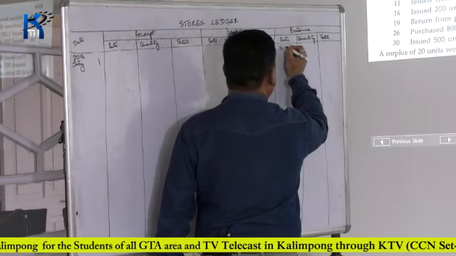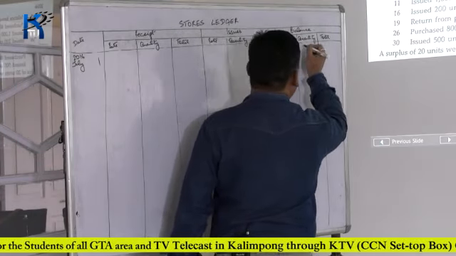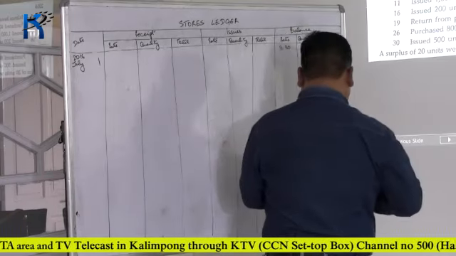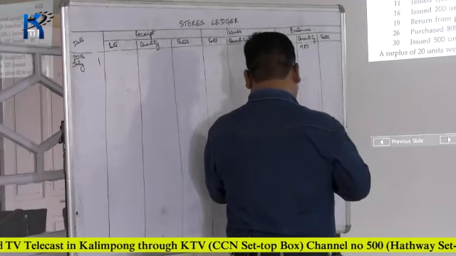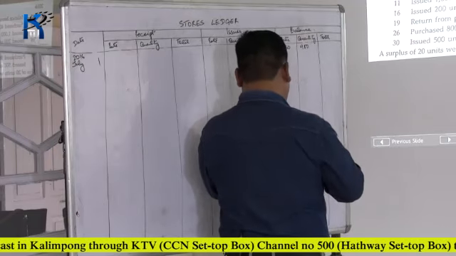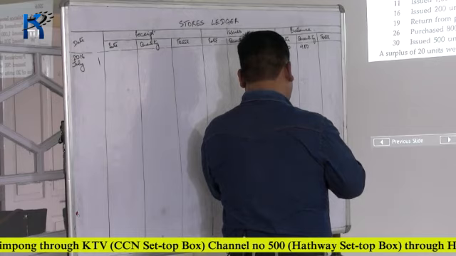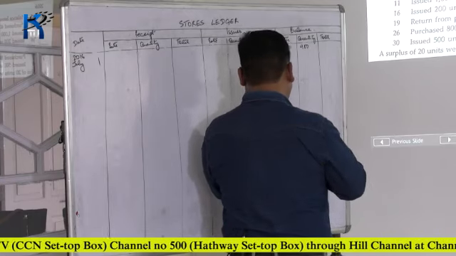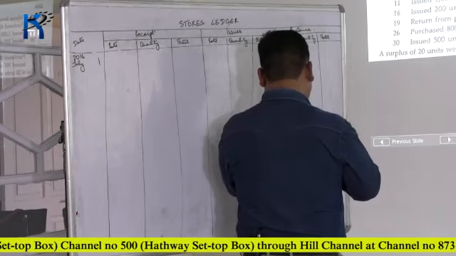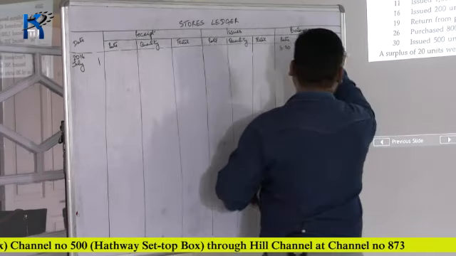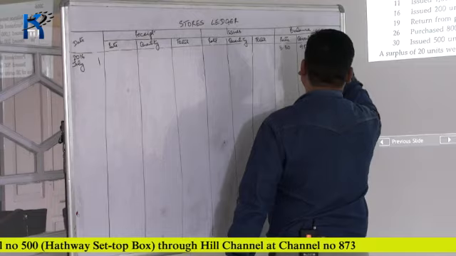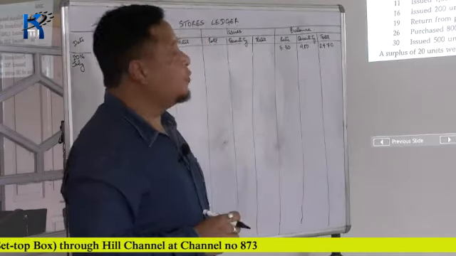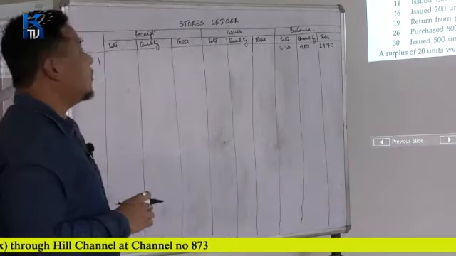Rate is 3.30, balance is 900 units, and the total amounts to 2,970. So the first balance you post directly to the balance column.